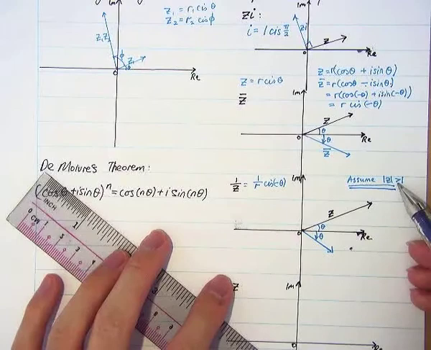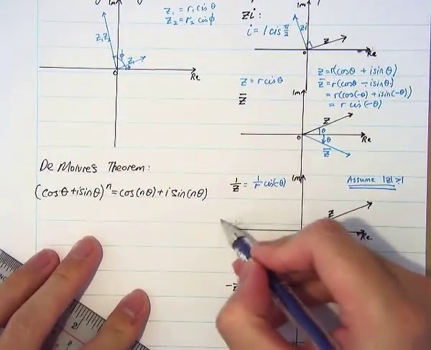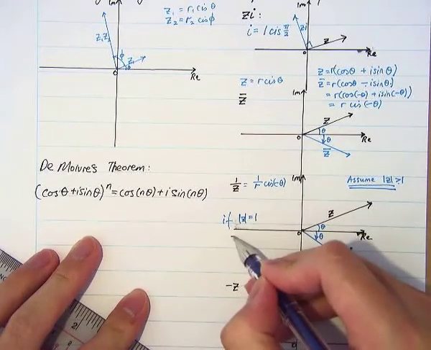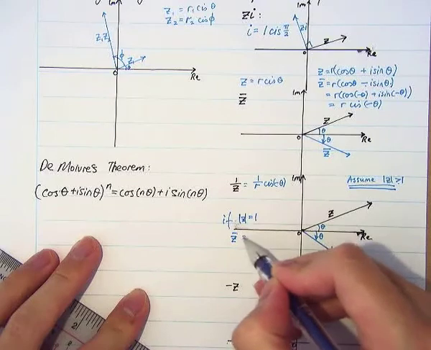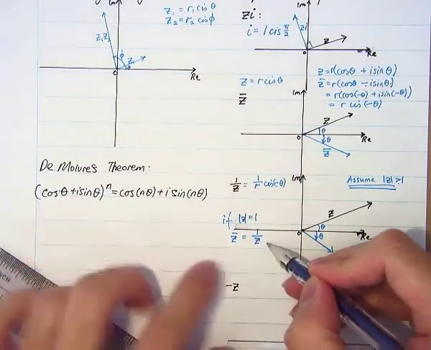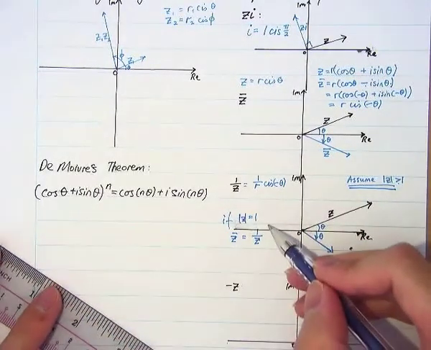If it was equal to 1, then it would have been the same, and if the modulus of z equals 1, then the conjugate of z is actually the exact same as the reciprocal of z. And that's a really useful result to remember if the modulus of z is 1.